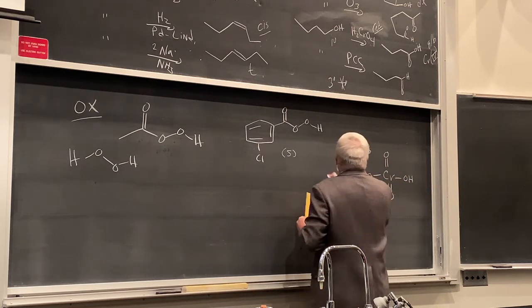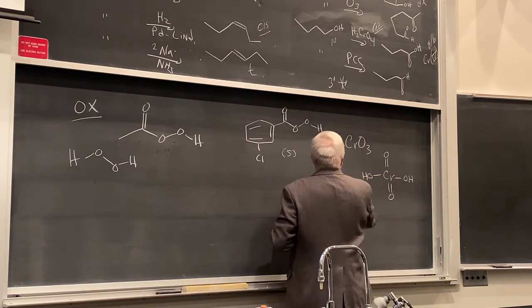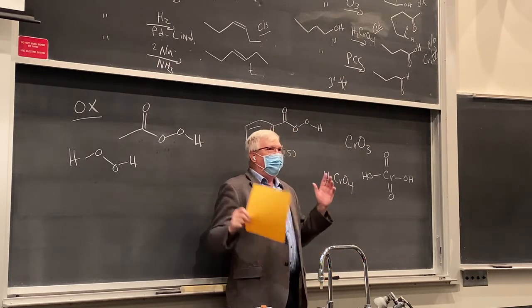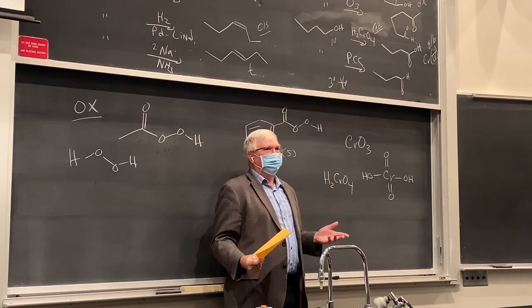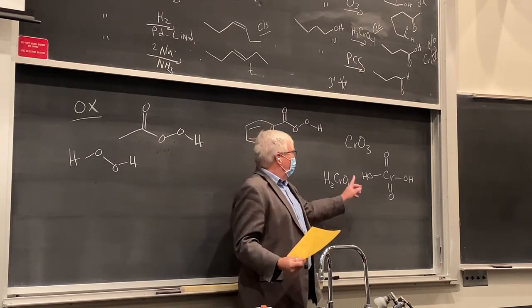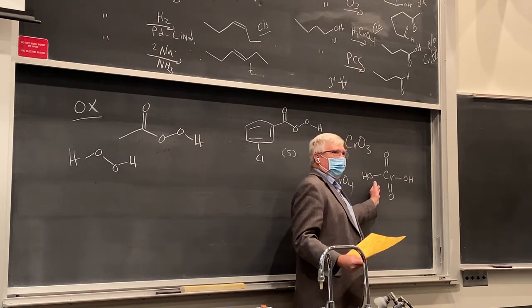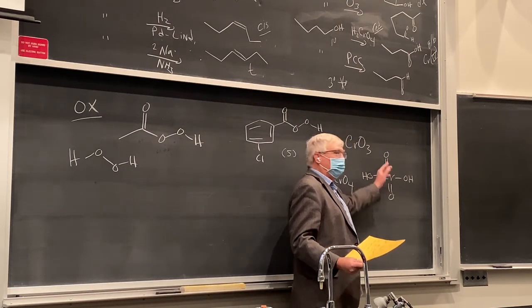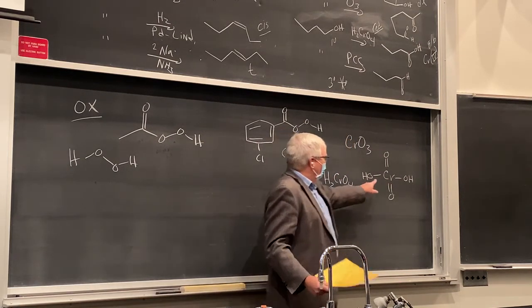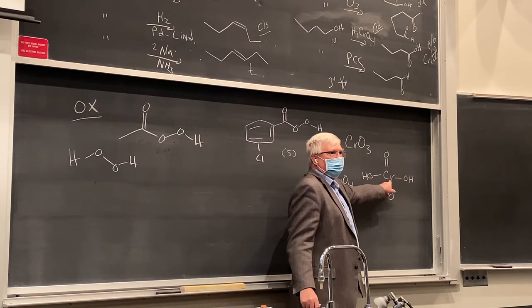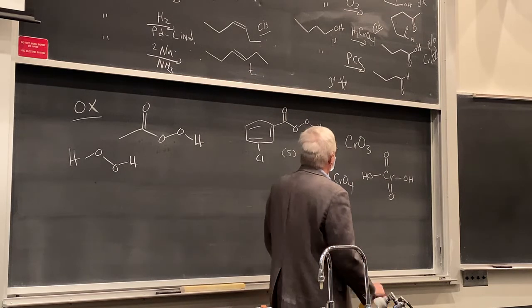So chromic acid is H2CrO4. That looks like sulfuric acid. Sulfuric acid is not an oxidizing agent. It's a strong acid. Chromic acid, you can see the conjugation here, the conjugate base would be resonance stabilized, like sulfuric acid, but it's redox active. The chromium can change oxidation states. Okay, so it's a little bit different there.